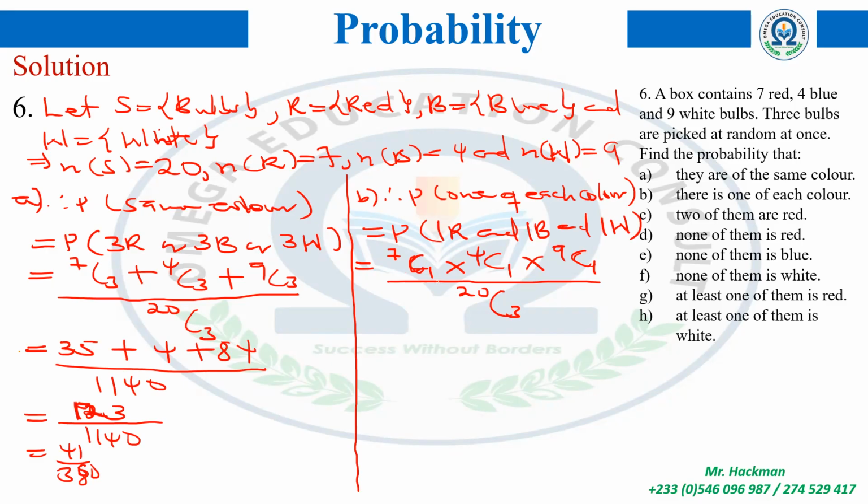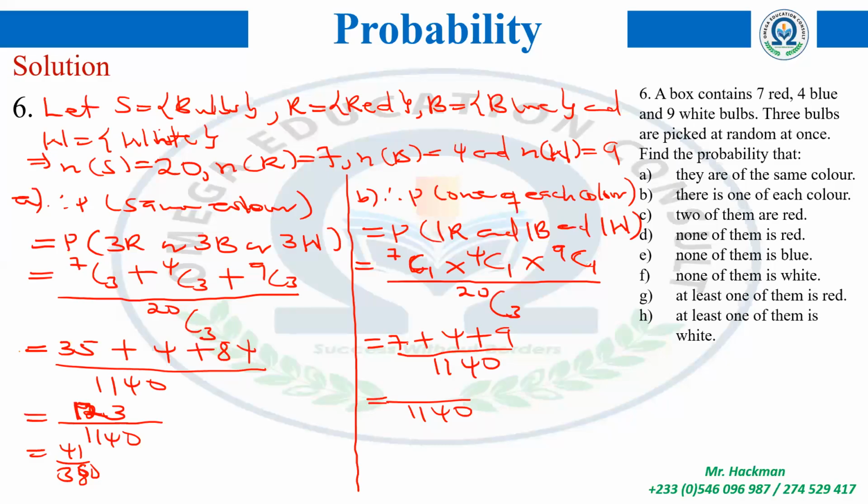Yes. Okay, so now help me deal with it. I know my denominator is 1140. So my numerator: 7 combination 1, 7. 4 combination 1, 4. 9 combination 1, 9. Okay, so you are in a comfortable lead. What's the numerator?